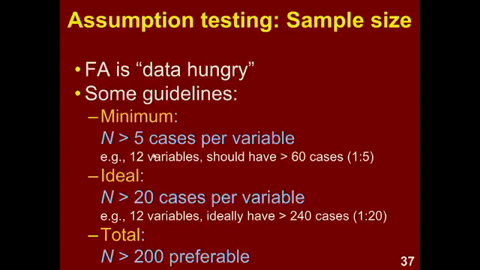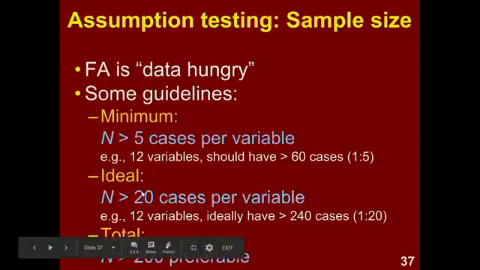So if you're trying to factor analyse 12 variables multiplied by 5, you should have at least 60 cases. That's a bare minimum. So ideally you should have more like 20 cases per variable. So if you're trying to analyse 12 variables, you probably should have 240 plus cases.